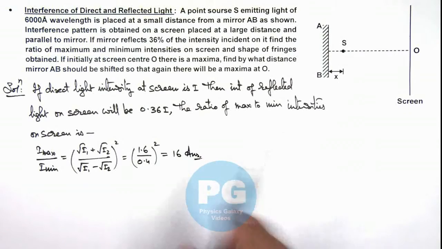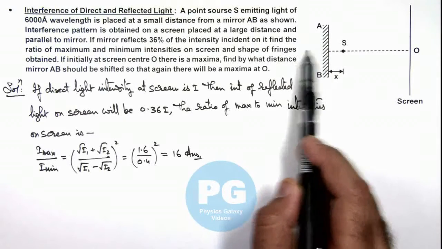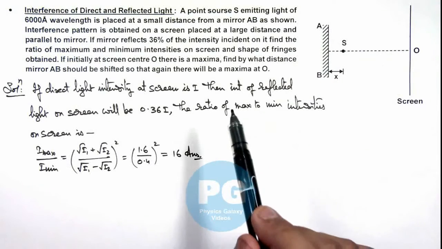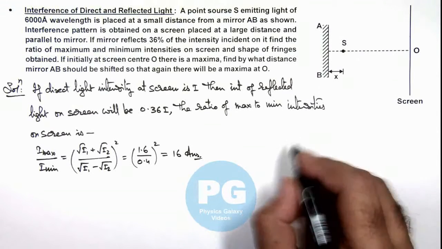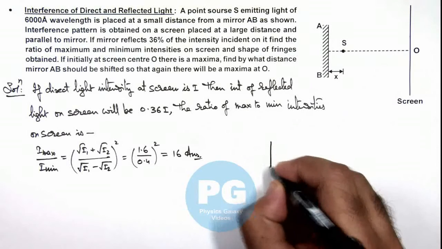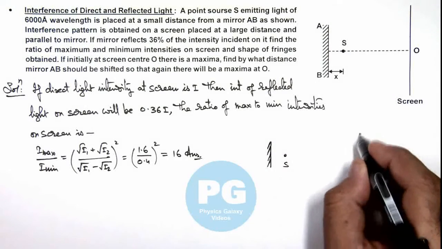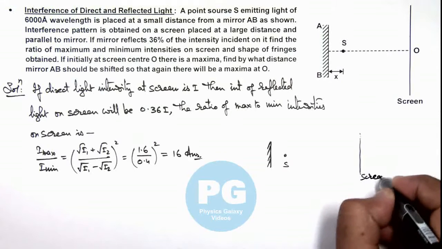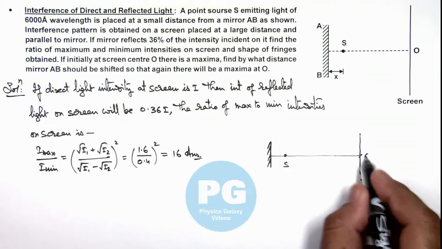Now we also need to calculate the distance by which mirror AB should be shifted so that at point O the maxima should be retained. Now in this situation we can see this is the location of the mirror and this is the source. So for a screen, at point O there is a maxima.